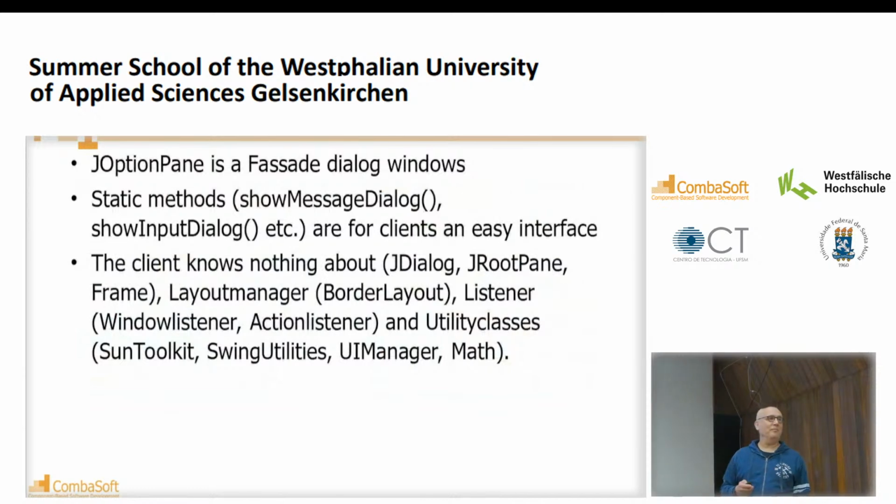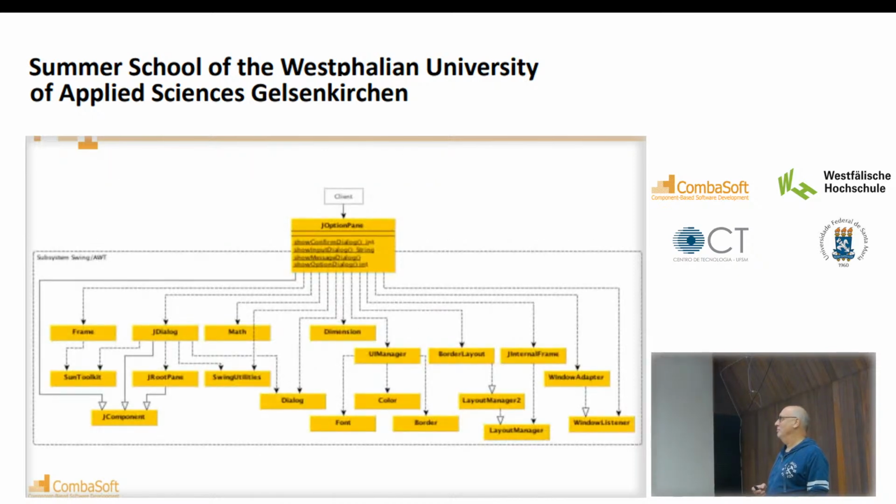JOptionPane is a Java facade dialog for Windows. And I'll show you the diagram. It's a very good facade, I think. One of the best I saw as a real living example.